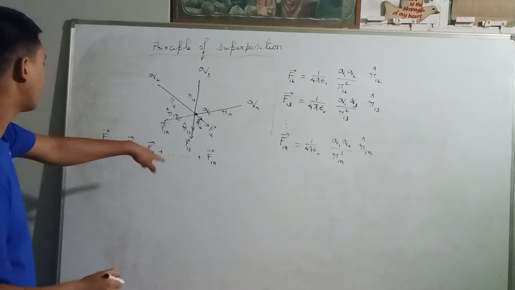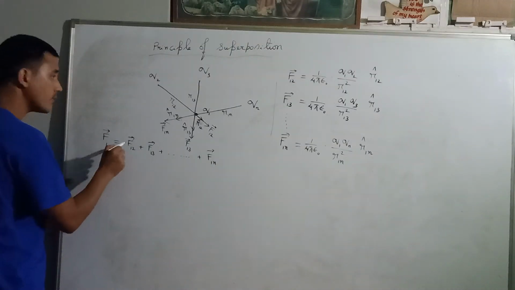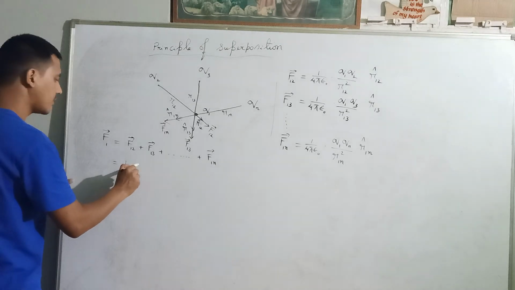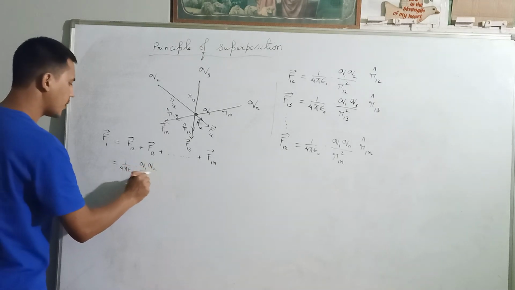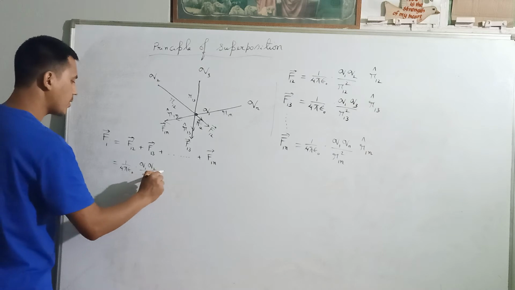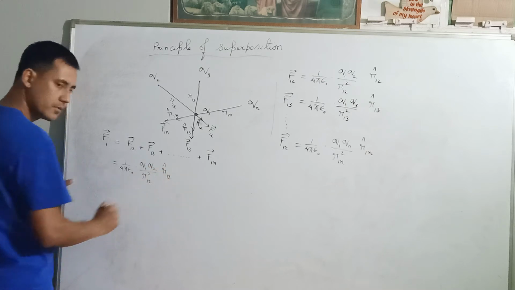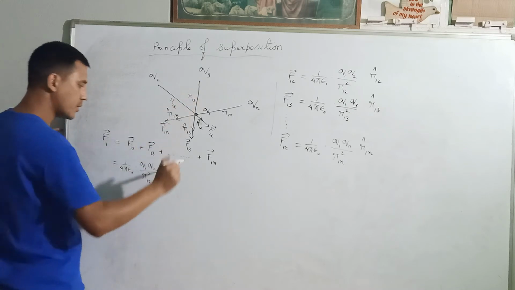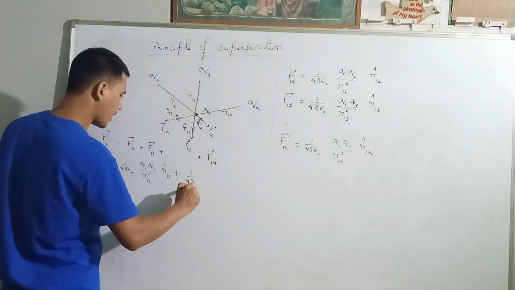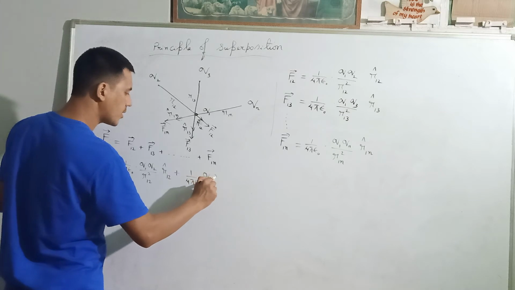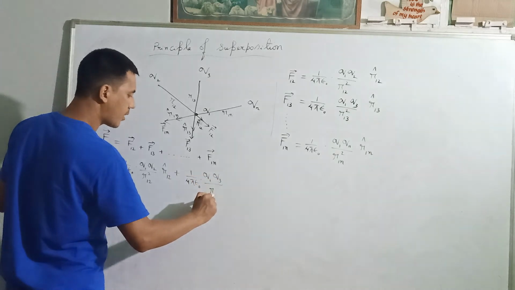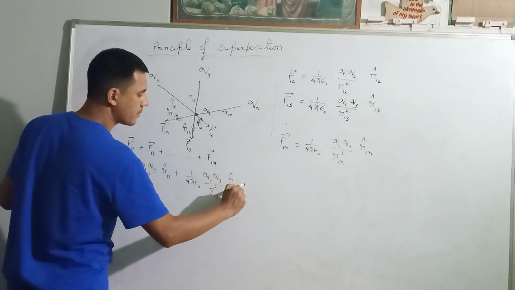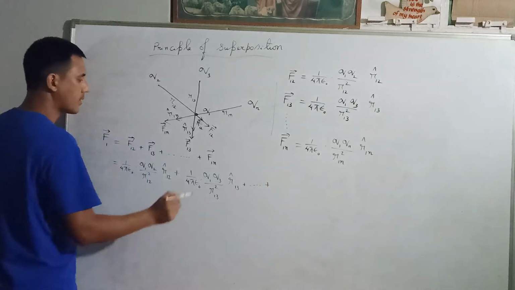Now I'm going to add all these forces. F12, 1 by 4 pi epsilon naught into Q1 Q2 by R12 square with unit vector R12, plus F13, 1 by 4 pi epsilon naught into Q1 Q3 by R13 square with unit vector R13, and so on.